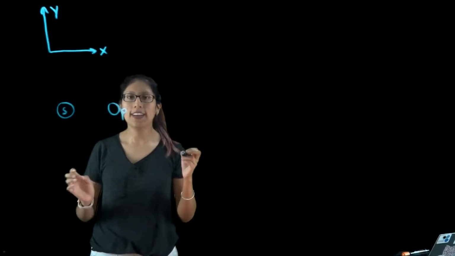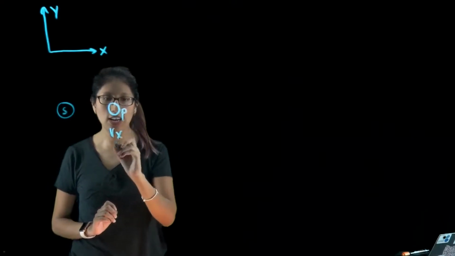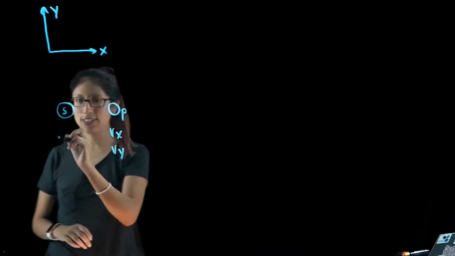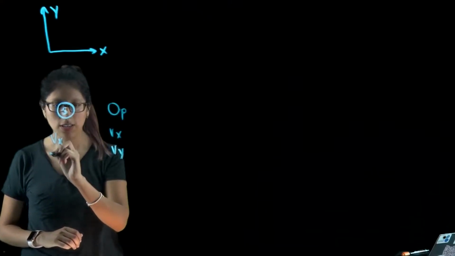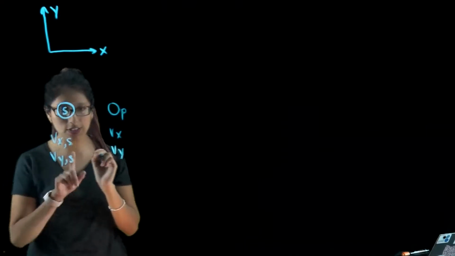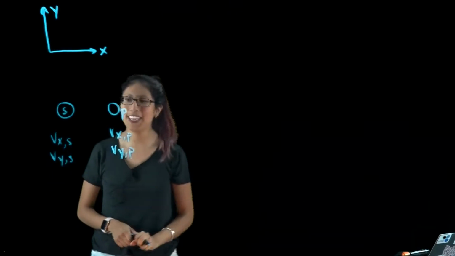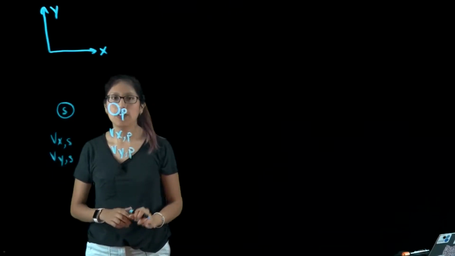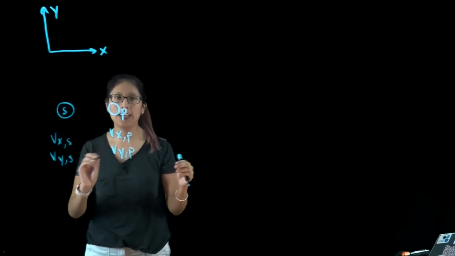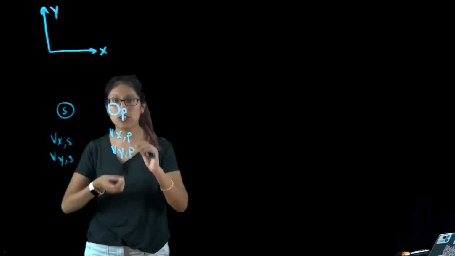So we know that the planet has a velocity in the x direction and a velocity in the y direction, and so does the sun. Vy, I'm going to put comma s for the sun, comma p for the planet. So we know that the sun and the planet are both orbiting, they're both gravitationally bound together.